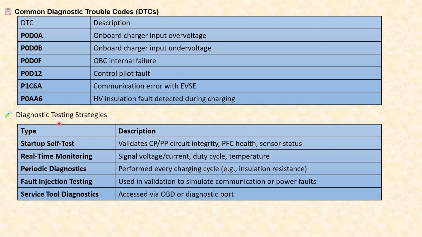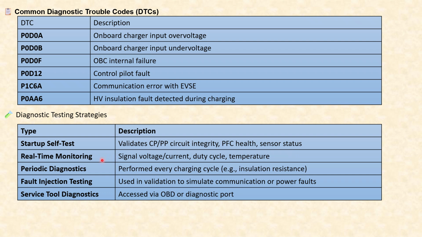Now, when it comes to diagnostic testing strategies, these are the various types of strategies, and I'll also give a brief description. The first type is startup self-test: validate CP/PP circuit integrity, PFC health, and sensor status. Next, real-time monitoring: signal voltage, current, duty cycle, temperature.